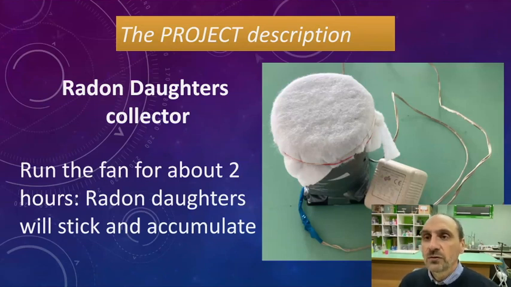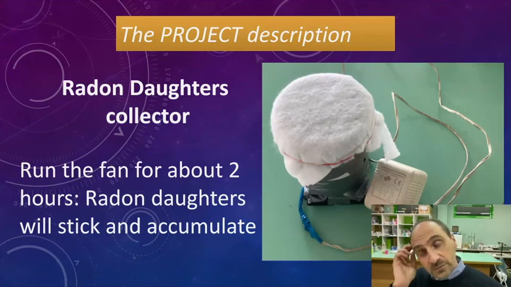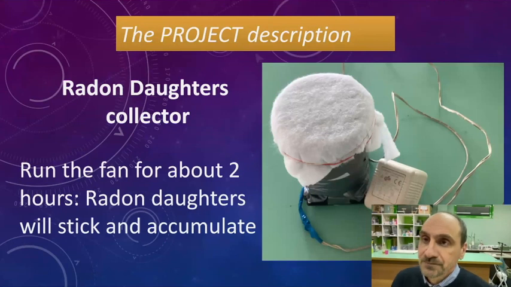So if I want to compare the radon gas presence in my room, in my school, and for example, in the basement, I can do the experiment. Of course, I can collect the radon daughters with the same parameters.